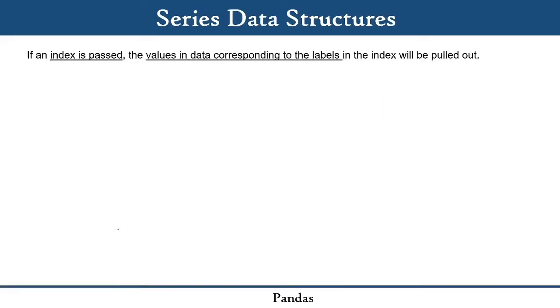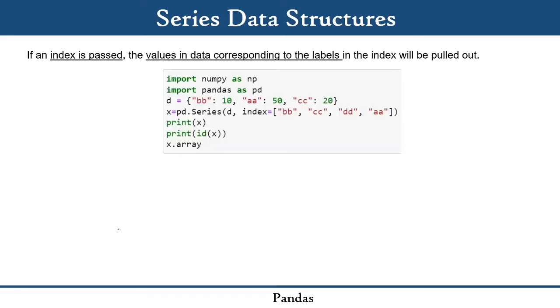Assume that if an index is passed, the values in data corresponding to the labels in the index will be pulled out. To understand this idea, let us consider this piece of code, the same example. Here you see we have taken the dictionary D from the previous example. Here I'm going to pass an index, with some elements as a list.